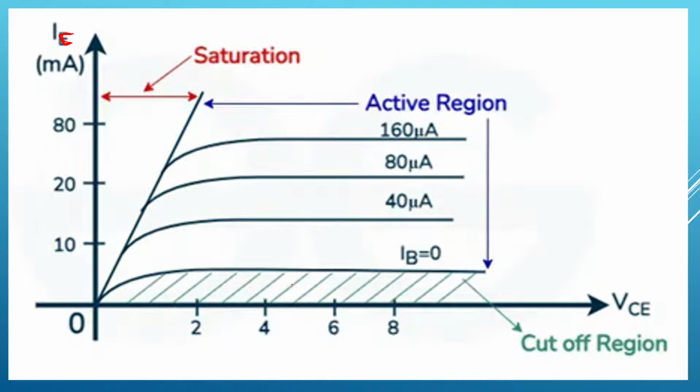Here it is mentioned cutoff region. For base current 0, these are the characteristics. You can't reduce the base current further. That's why the region below the characteristics where IB is equal to 0 is called the cutoff region, meaning characteristics won't lie in this region.